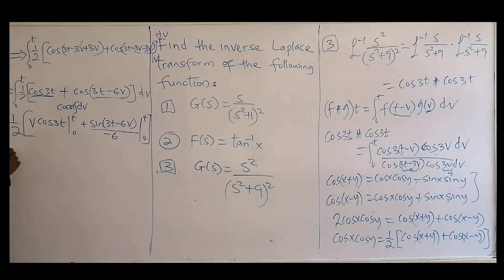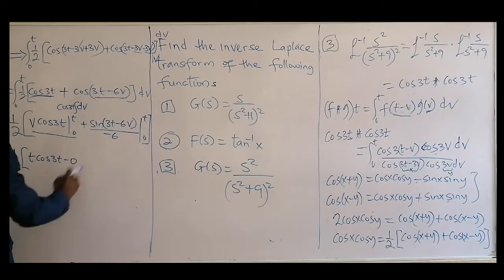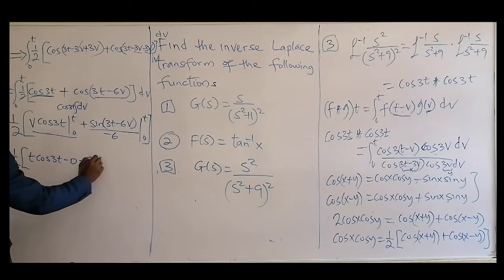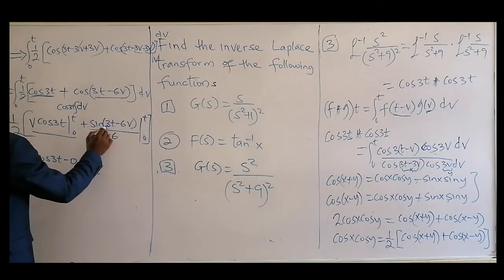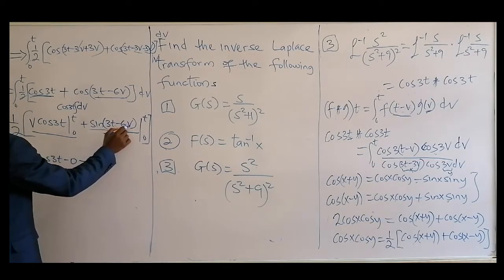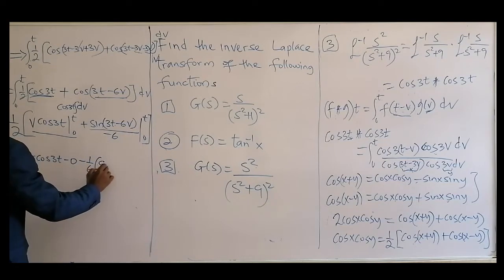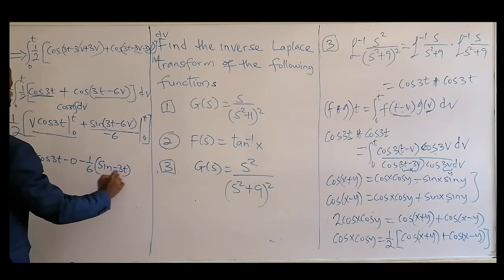So this will be one half into the bracket. Substituting the upper limit here, that will be t cos 3t minus 0. Then I can bring in the plus minus, that will be minus 1 over 6, open the bracket: 3t minus 6t is sine of minus 3t.